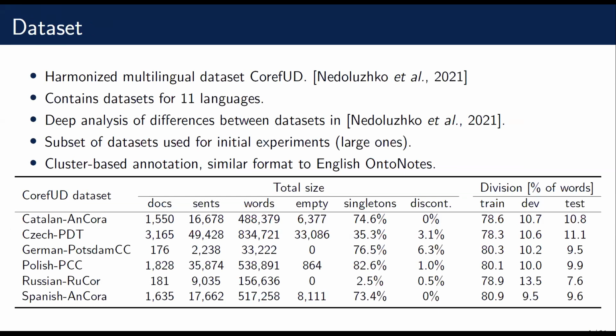So there is the reference to the dataset. I think you know it all very well. It contains 11 languages. And there is the reference to the paper. There's a very detailed and good analysis and even a very good explanation of coreferences in the paper. We took a subset of data sets for our initial experiments.